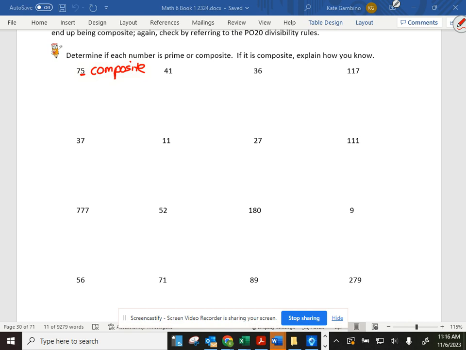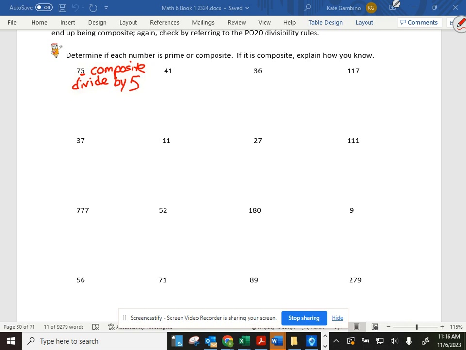Because I can divide by 5. I don't have to know what the answer is, but I know it's divisible by 5 because it ends in a 5. You don't have to do all the math. You could say, it ends in a 5, it's not a prime number.